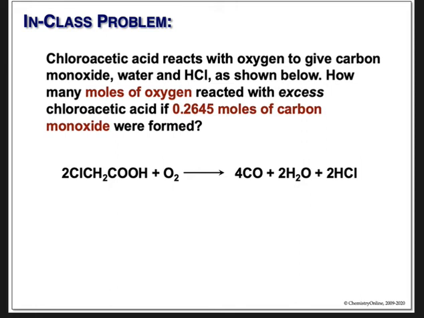Chloroacetic acid, it's called, reacts with oxygen to give carbon monoxide, water, and HCl. First thing you want to do is look and see which reactants and products you're linking, and that's oxygen and carbon monoxide. So this and this. Carbon monoxide is going to be our given, so it goes in the denominator.